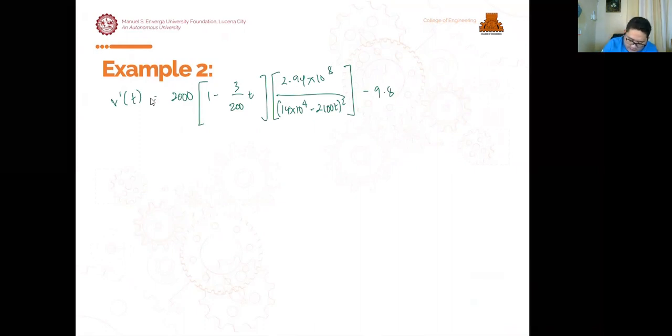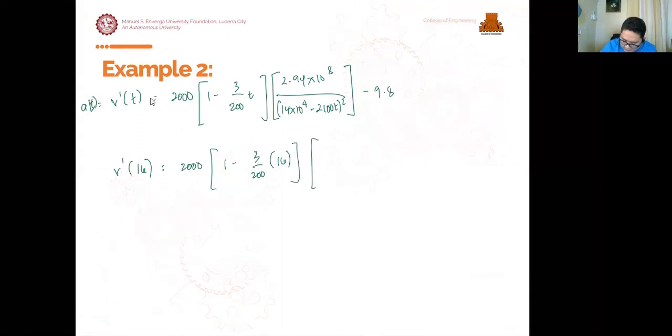So, equals to sa a of t, no? So, substitute lang natin yung value na 16. So, 2,000, 1 minus 3 over 200 times 16, times 2.94 times 10 to the 8 all over 14 times 10 to the 4 minus 2,100 times 16 squared, minus 9.8.